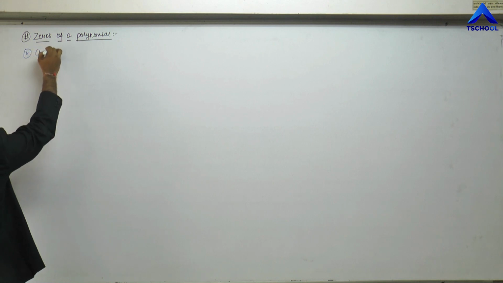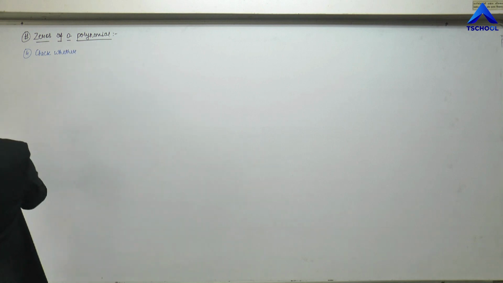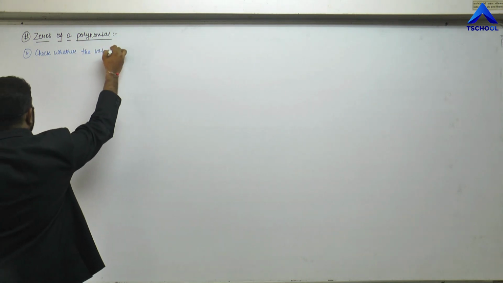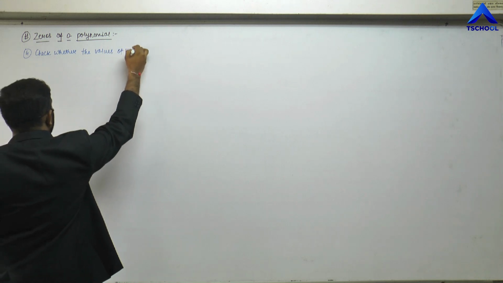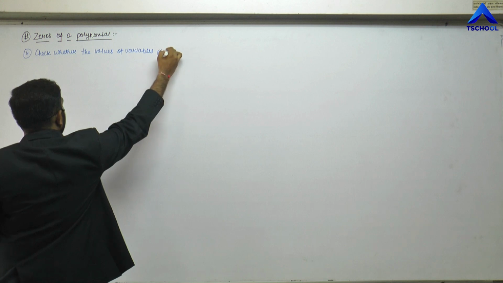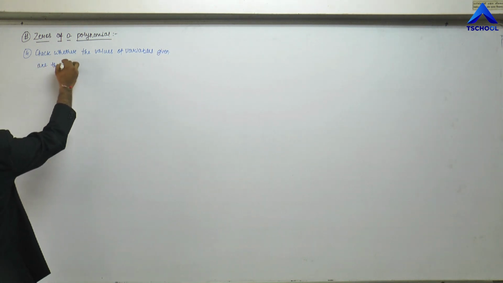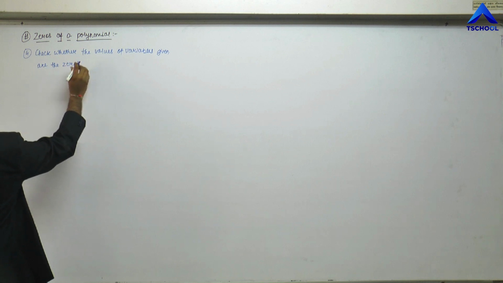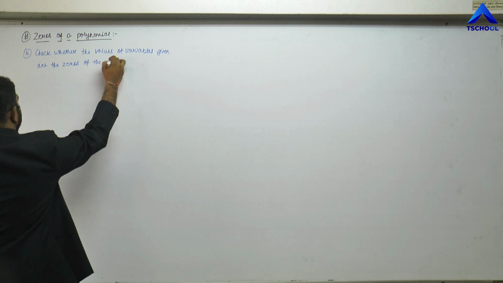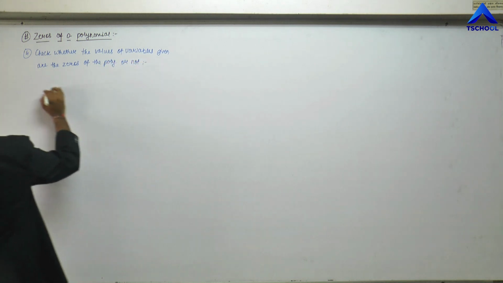Check whether the values of variables given are the zeros of the polynomial or not.